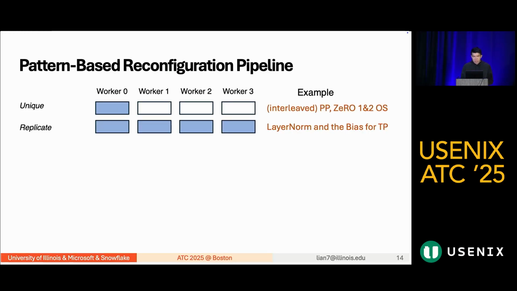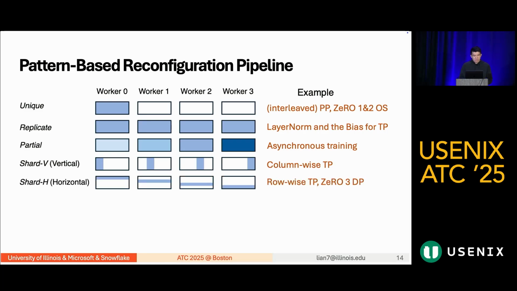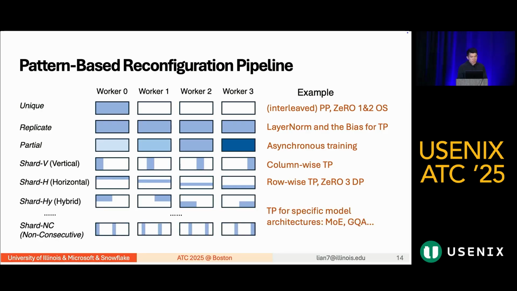The replica pattern is commonly found in data parallelism, and also in some bias and normalization terms in tensor parallelism. The partial pattern is normally used in asynchronous training. Sharding V and sharding H, which mean vertical and horizontal, are commonly found in TP, and also in some ZeRO stage 3 DP. Sharding hybrid and sharding non-constructive can be found in specific models like MoE or GQA.